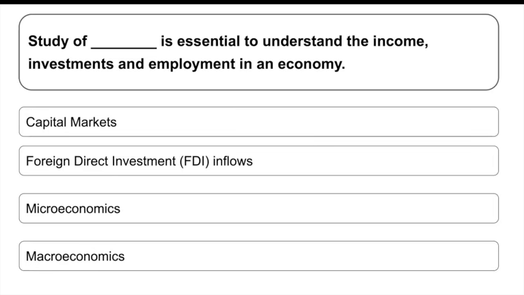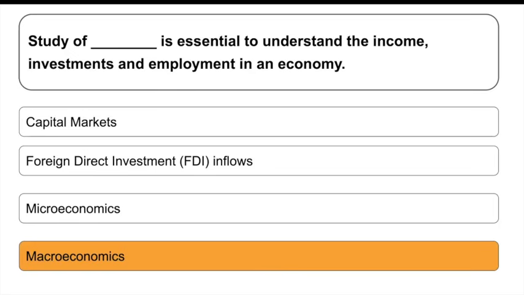Study of dash is essential to understand the income, investment and employment in an economy. Options are A, capital markets, B, foreign direct investment inflows, C, microeconomics, D, macroeconomics. So which of these studies is important when you are thinking about investment and employment in an economy? It's macroeconomics. Friends, let me tell you the difference between macro and microeconomics.